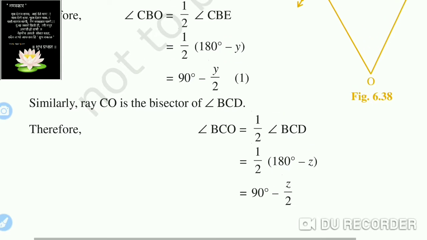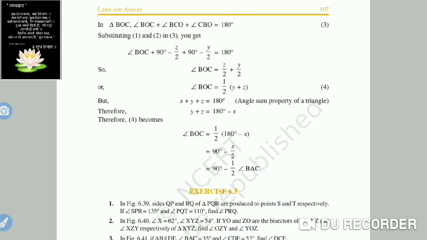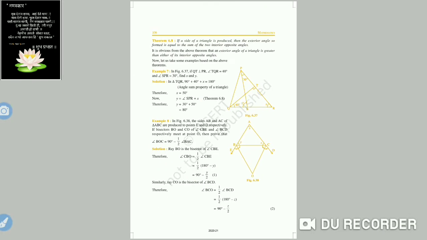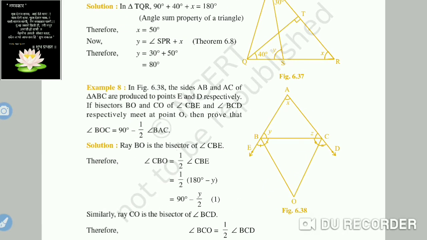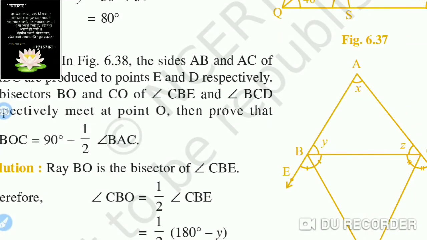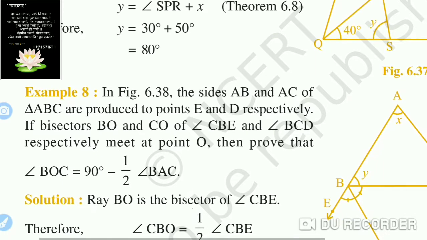Now let us see one more example. This is an important example, a little bit bigger example. See here, in the figure, the sides AB and AC of triangle ABC are produced to points E and D. Can you see? AB and AC are produced up to E and D respectively.